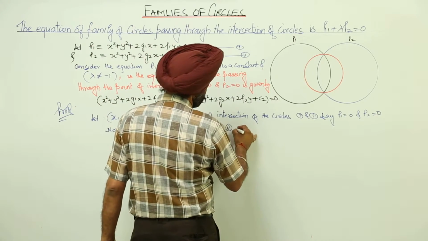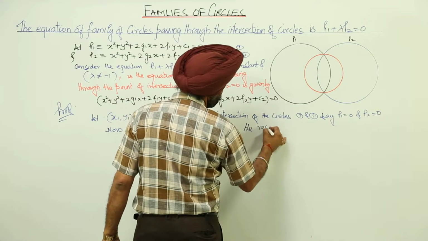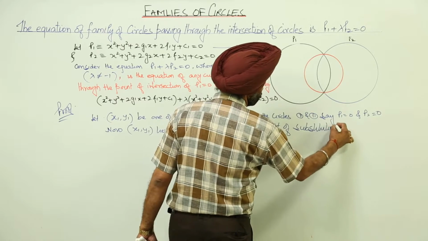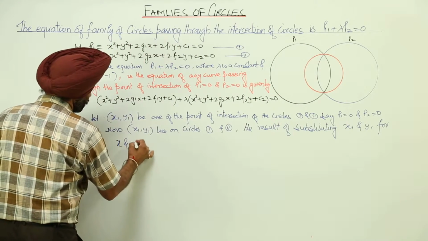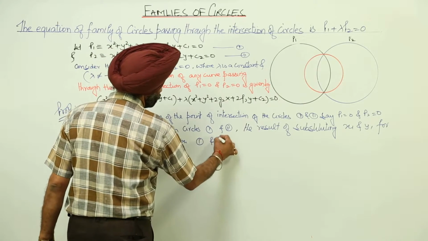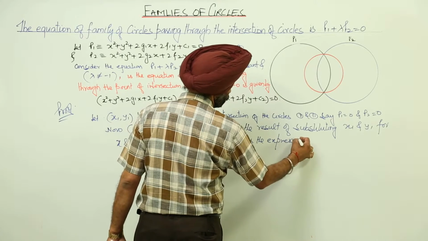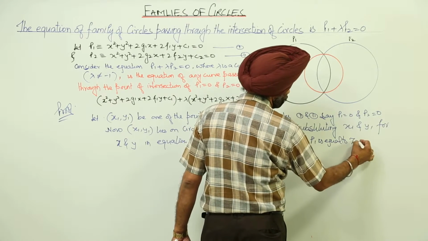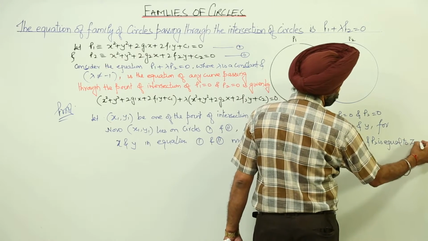Now x1 y1 lies on circles 1 and 2. Now the result of substituting x1 and y1 for x and y in equation 1 and equation 2 makes the expressions P1 is equal to 0 and P2 is equal to 0.